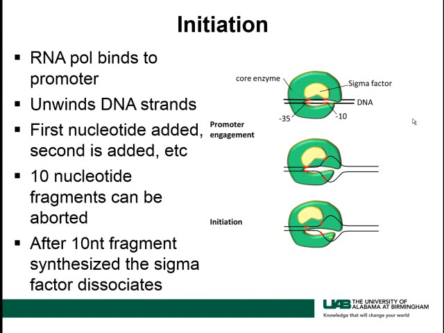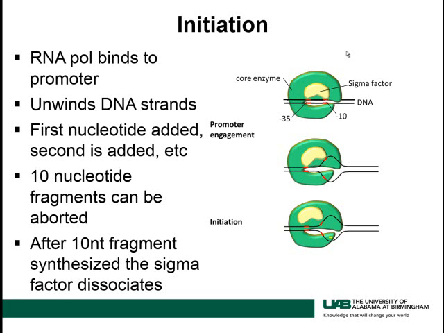So the initiation picture then is this: RNA polymerase binds to the promoter region, -10 and -35 right here, and this is the core enzyme containing the sigma factor, which is the holoenzyme right here. And once it binds, it unwinds the DNA strands. The first nucleotide is added, and then the second nucleotide is added, and you get formation of the phosphodiester bond.